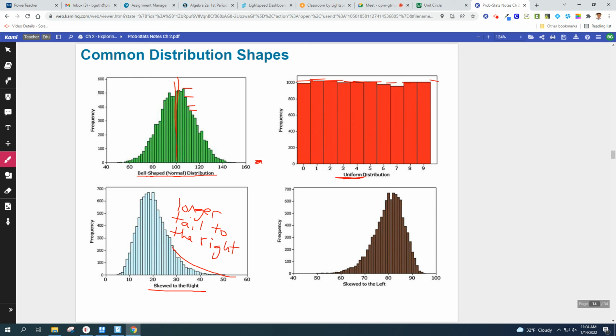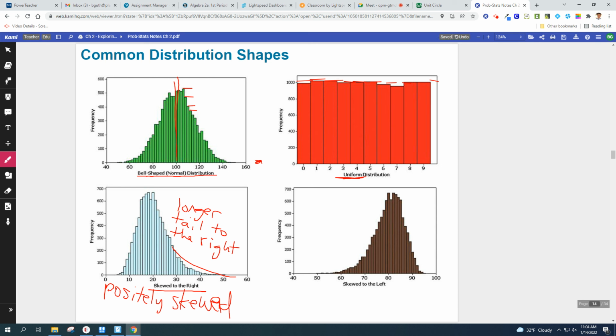So if one side has a longer tail, that's the direction that it's skewed to. This is skewed to the right, or otherwise called positively skewed.